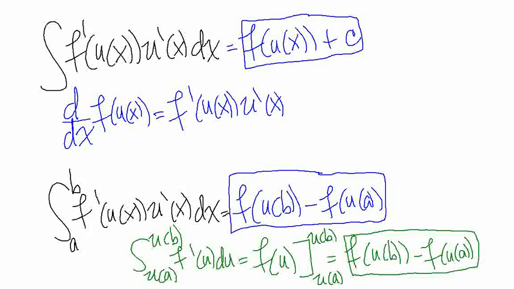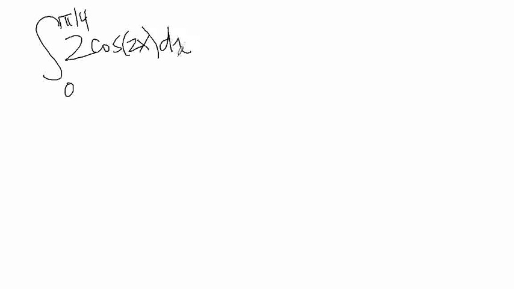Okay, here we go. Suppose we wanted to calculate this definite integral. For this, I would interpret f prime of x as being equal to the cosine of x.